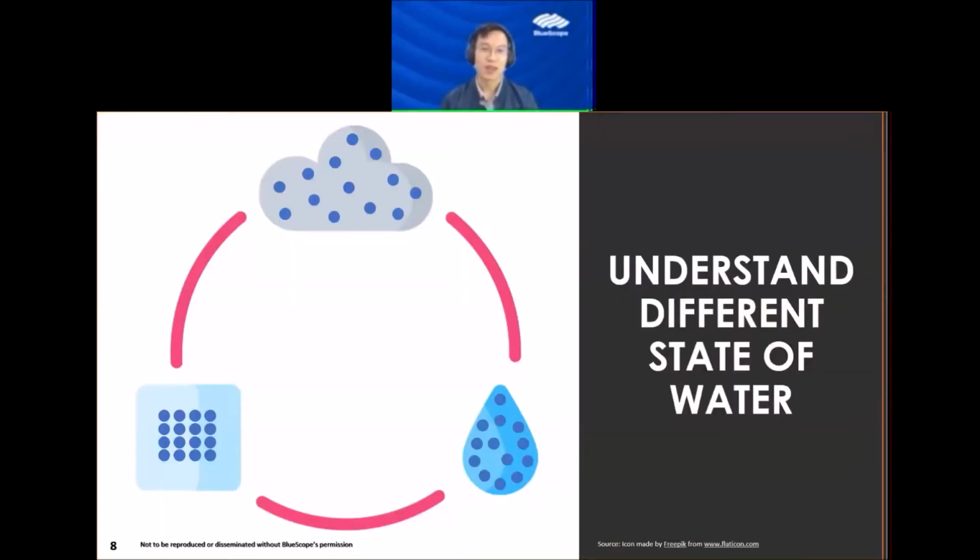So with that, today's topic will be about water, and the basics of how water transforms into different states. In basics, water can be in three forms or three states, depending on the scenario that it is in.